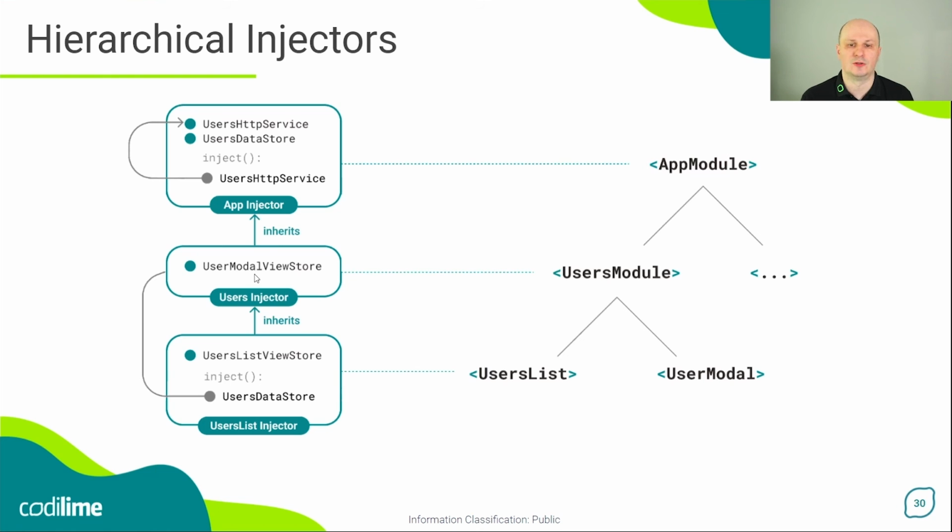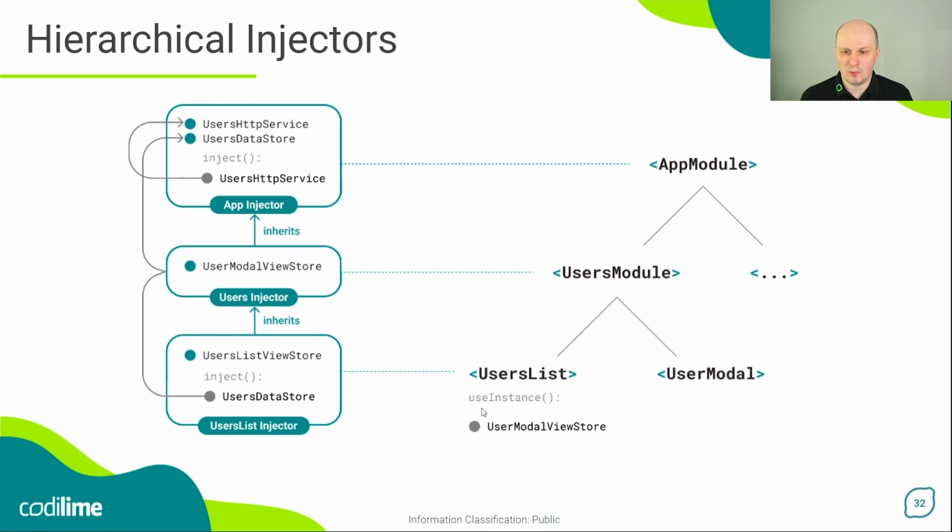And this injector again tries to locate it inside. If it can find, then tries to ask upper until this dependency will be found. So in that case, users list view store can inject some service which is shared on the app module level.